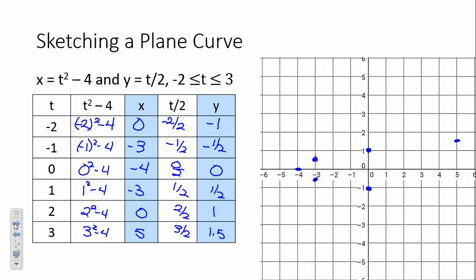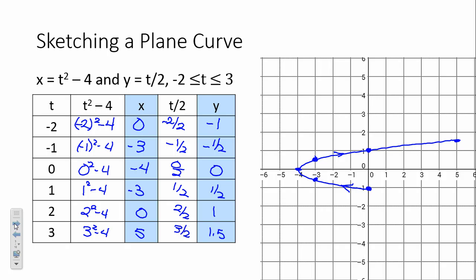So now we graph this, and with parametric equations, you have to show the direction in which they were moving. So you do that by connecting the dots and then showing an arrow to show which way that was moving. What does that look like?